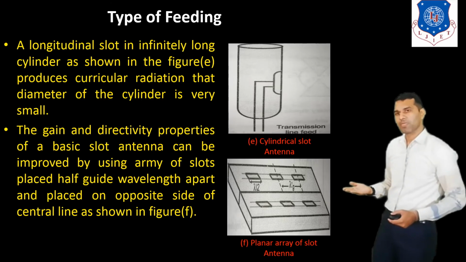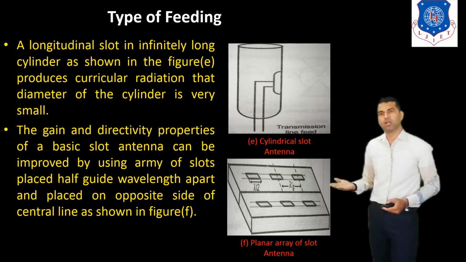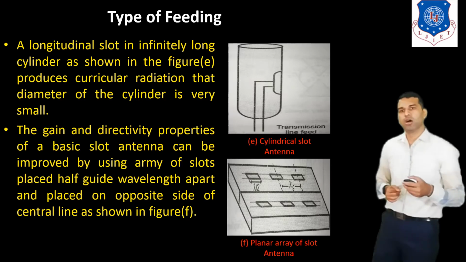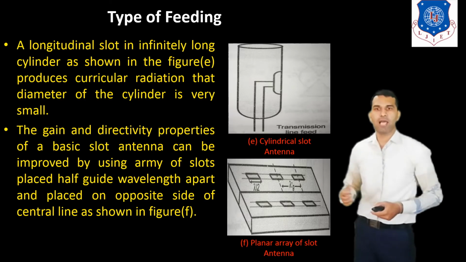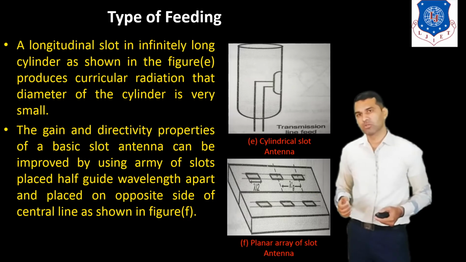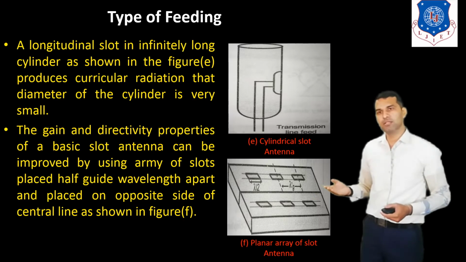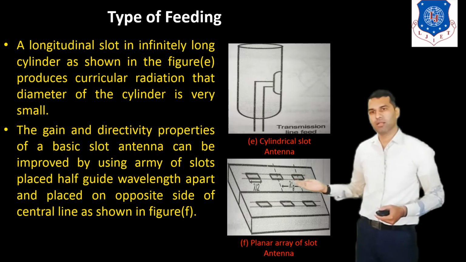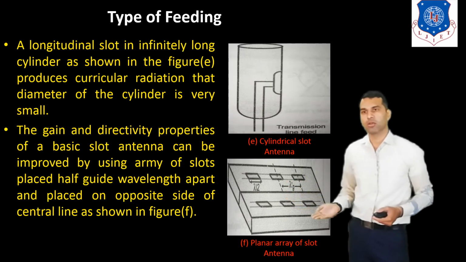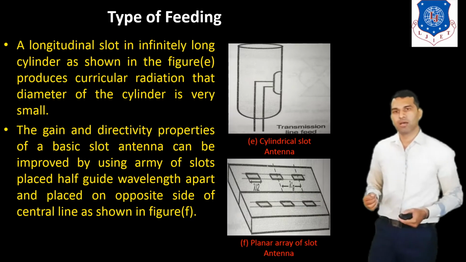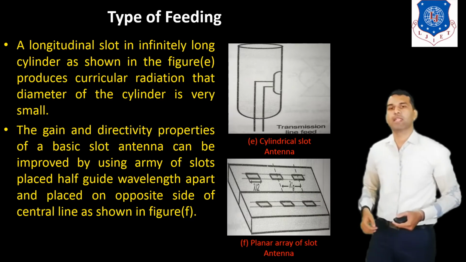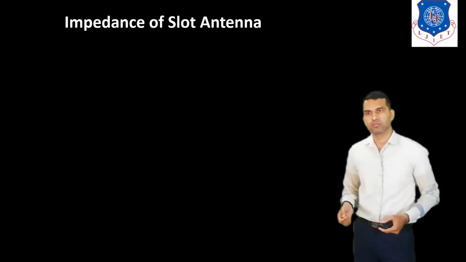Here we can see we have given a number of slots. In some applications we require large gain and directivity, so to get this, we increase the number of slots to increase the directivity and gain of the antenna.